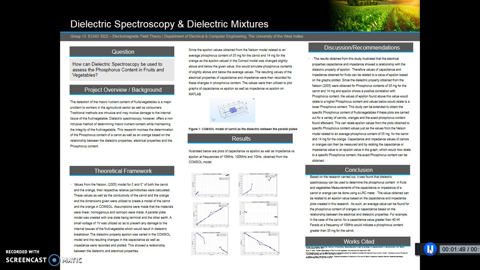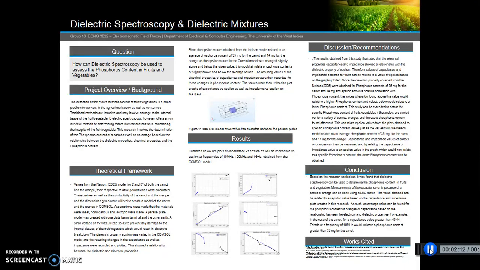This provided a relationship between the dielectric and electrical properties, given that within Nelson's model, the epsilon values related to an average phosphorus content of 35 mg for the carrot and 14 mg for the orange.